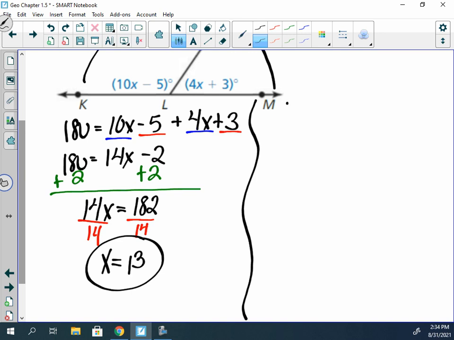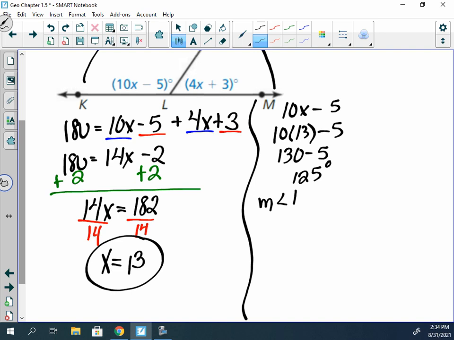I'm just going to pick the 10x minus 5. So we can say 10 times 13 minus 5. Well, 10 times 13 is 130, minus 5 is 125 degrees. So the measure of angle KLN is 125 degrees.